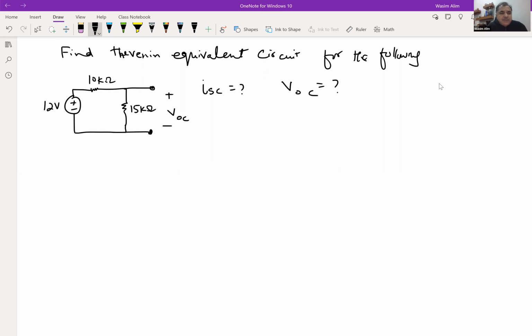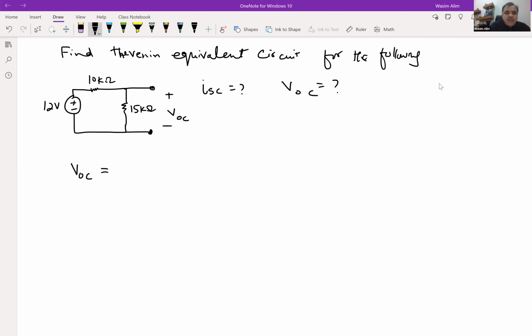So I have a 12 volt source, and then I have two resistors. Using the voltage division technique, I can find the VOC. So essentially VOC can be applied to the 15 kilo ohm resistor.